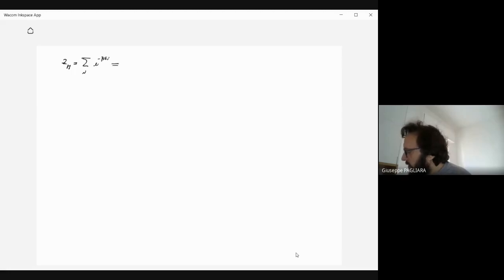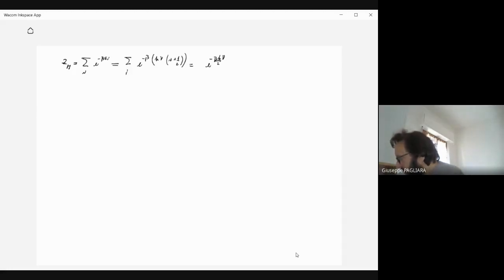Now in this case, this is the sum over i of e to the minus beta, and then I need to introduce epsilon i, which is h nu times i plus 1/2. Okay, which is e to the minus beta h nu divided by 2, and then I have the sum over i of e to the minus beta i h nu.